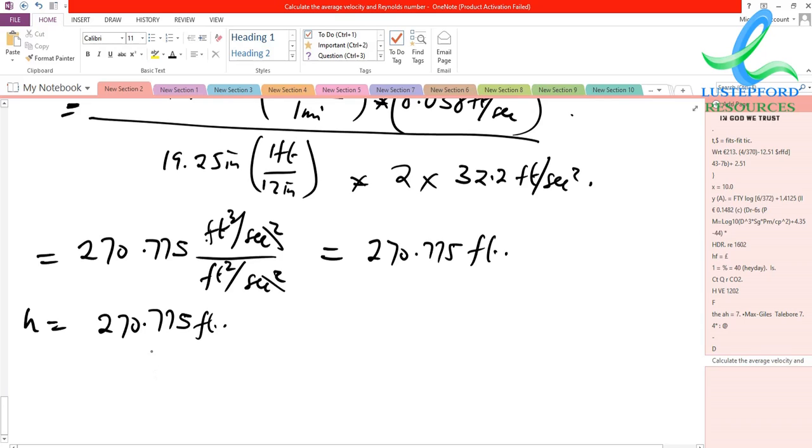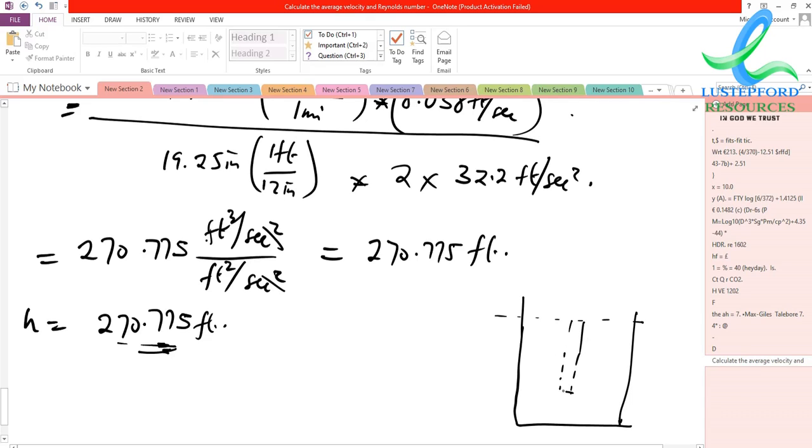Now we needed to convert this in heads of the fluid. So we needed to convert this to psi. So what we'll do, in water, let's say in a fluid now, let's take this small portion of the fluid.